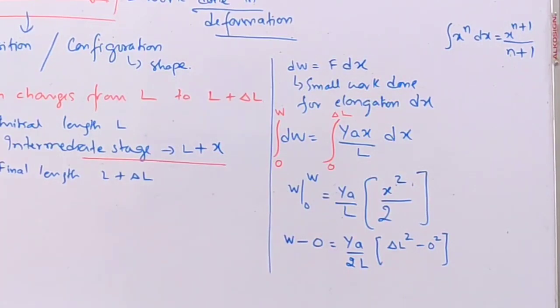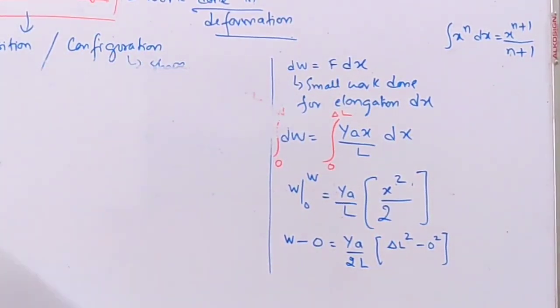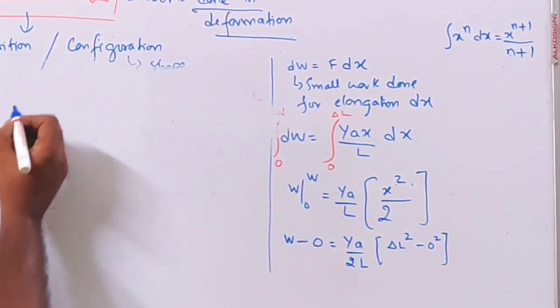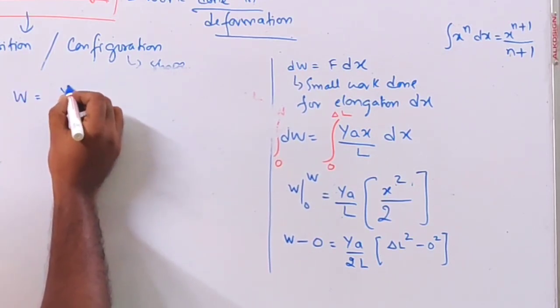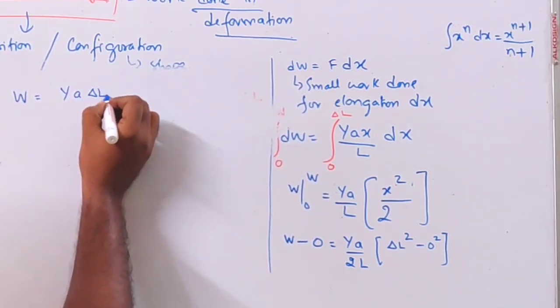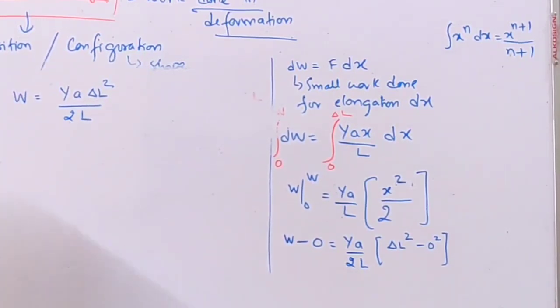So the final expression for work done is W equal to Y A delta L square divided by twice L.